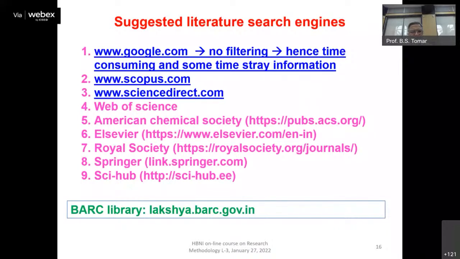a very interesting one, you may be knowing, Sci-Hub. In Sci-Hub, if you type the DOI number of a particular article, then Sci-Hub will give you the complete paper, even if you do not have the authorization or your institute doesn't have authorization to see this paper. So Sci-Hub is an excellent search engine.